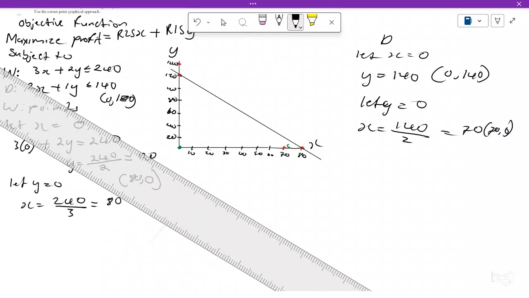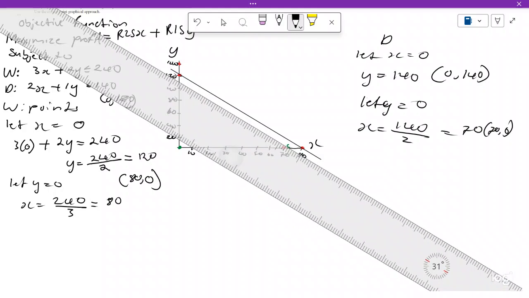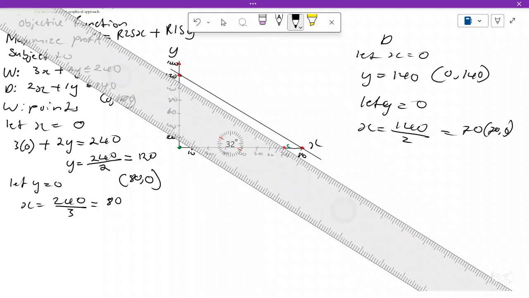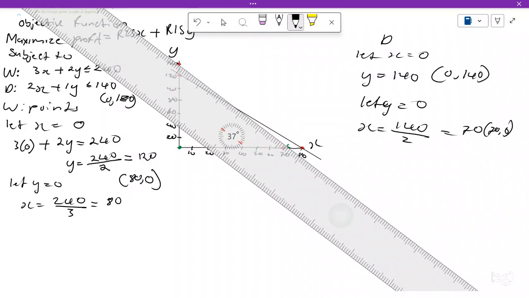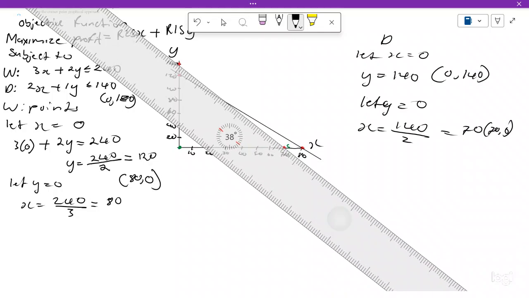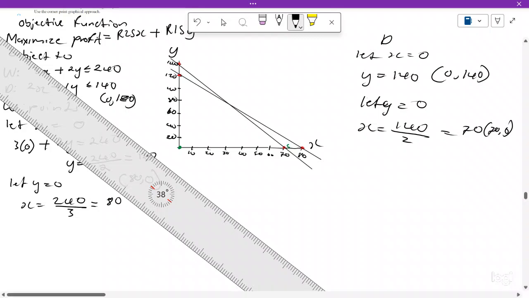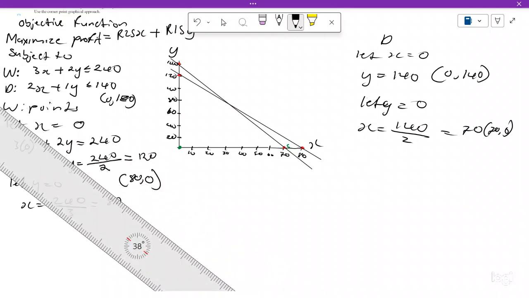Okay, then I come and I do this. To be safe also, it's easy to forget which formula you used. You can label it and say this is for D, this is for W.